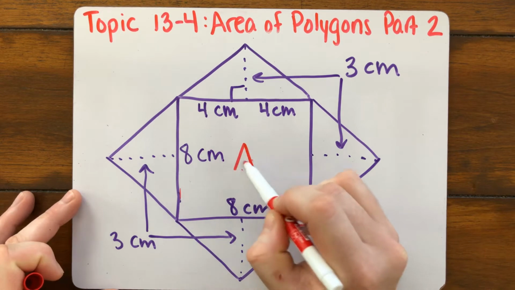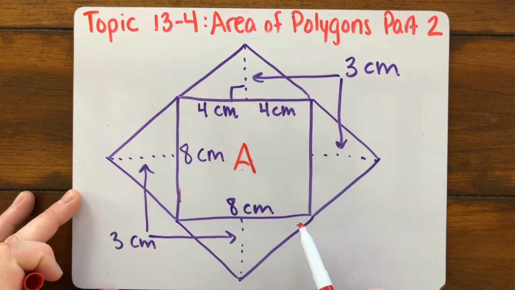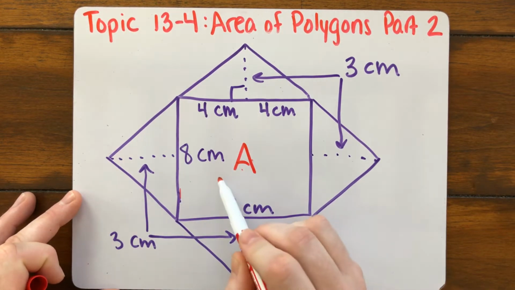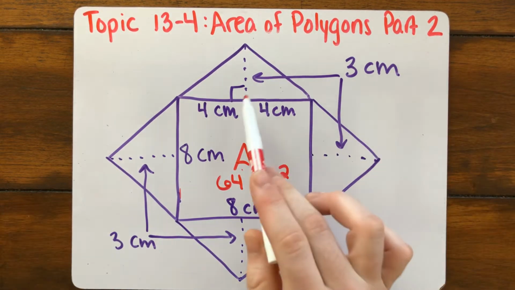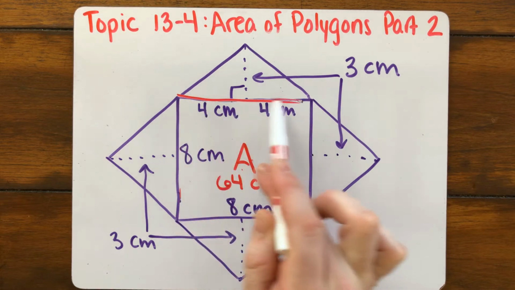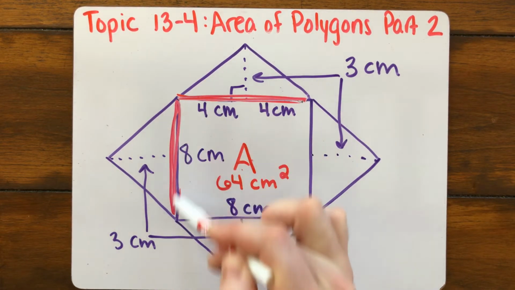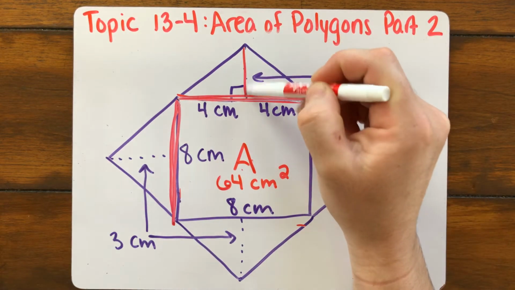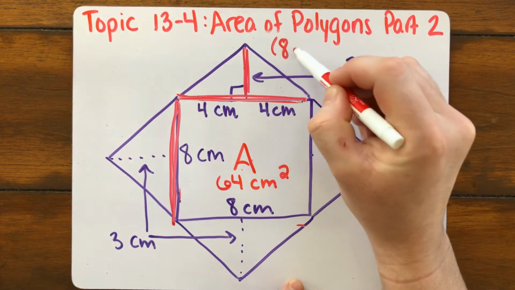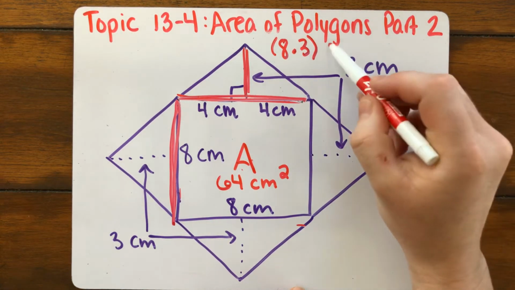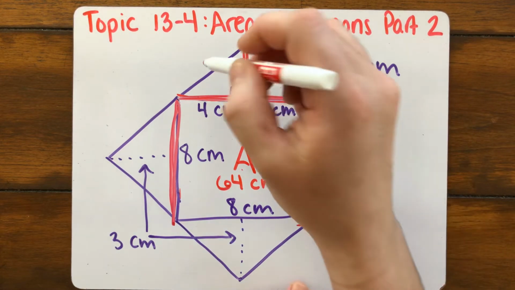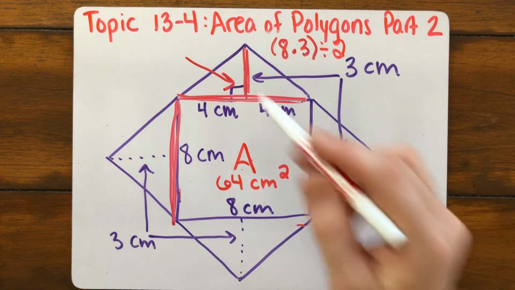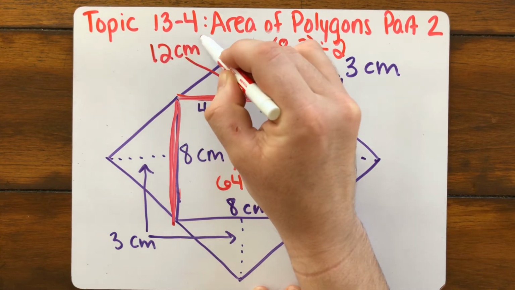So the area, we'll call this square A. It's 8 times 8. So the area of this square, 8 times 8, is 64 centimeters squared. And then the area of a triangle, the base is 4 and 4, so it's 8, the height is 3, 8 times 3 is 24, but then remember, area of a triangle, we always divide by 2. So 24 divided by 2, the area of each triangle is 12 centimeters squared.